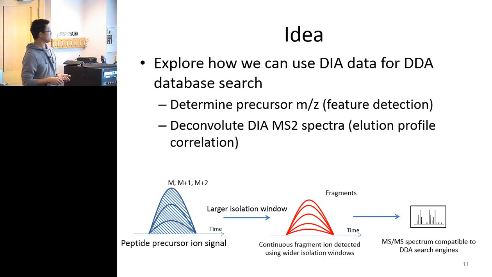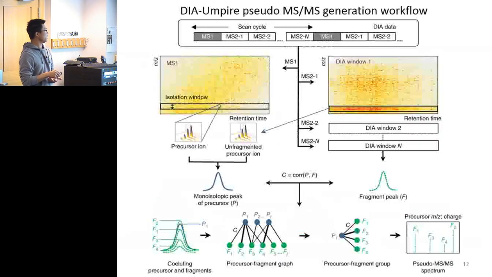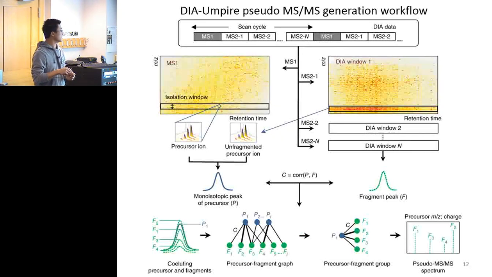So the way we do it is, we have MS1 data and we have all those MS2 data in different isolation windows. In the MS1 data, we developed feature detection to detect all the dots here, and then reconstruct the peak profile. Then from the MS2 spectra, we detect the fragment signal.